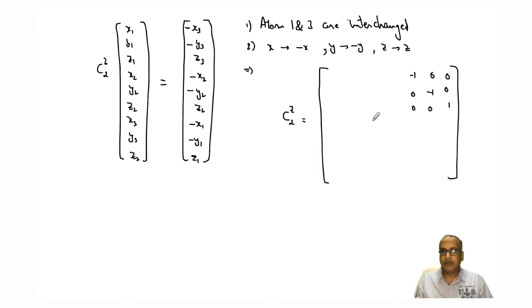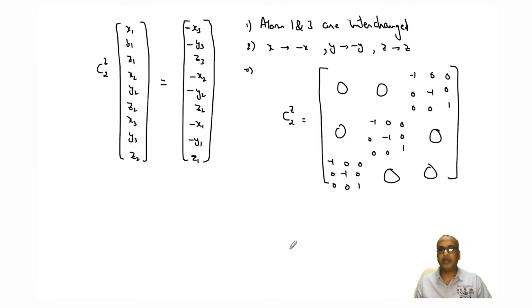So that means I will have minus 1, 1, 0, 0, 0, 0, 0, 0, right? Now x3 has gone to x1 position, so I will write minus 1, 1 over here, 0, 0, 0, 0, 0, 0. Rest everything will be 0, right?